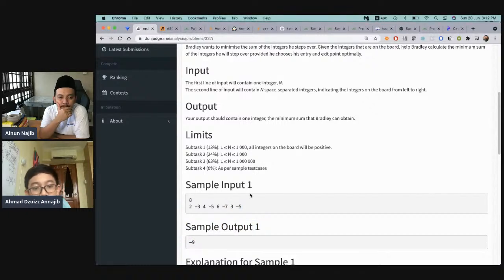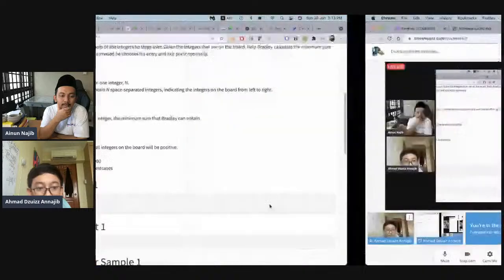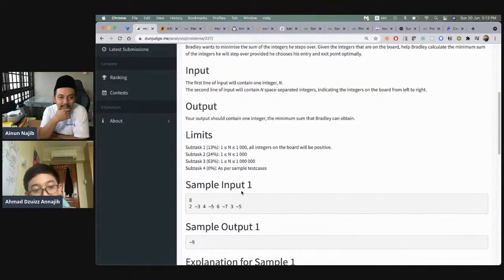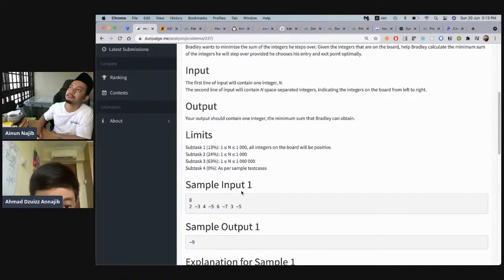Oh, I see. How do you exit? From any other integer. How? I don't get it. So start from any integer and can exit from any integer. Yeah. Ah, then why is the answer -9?